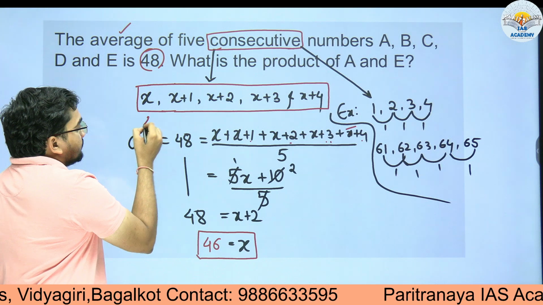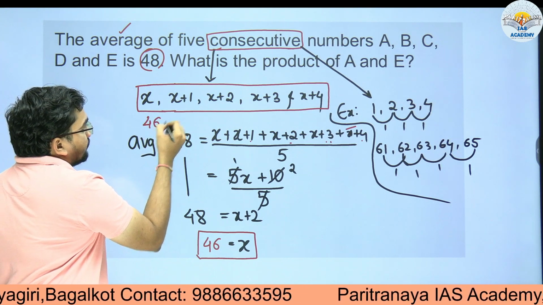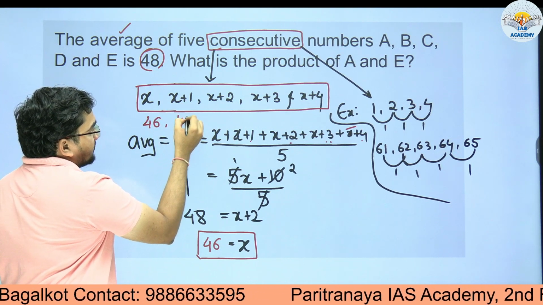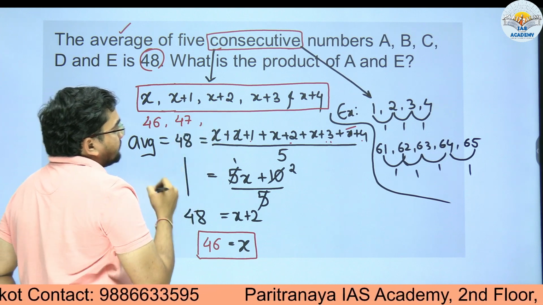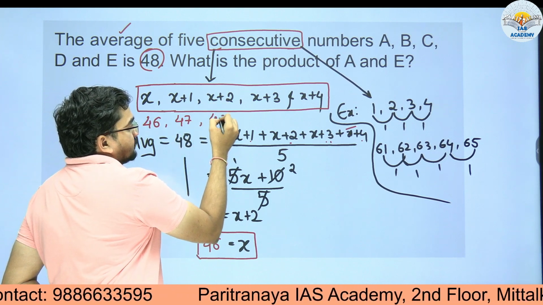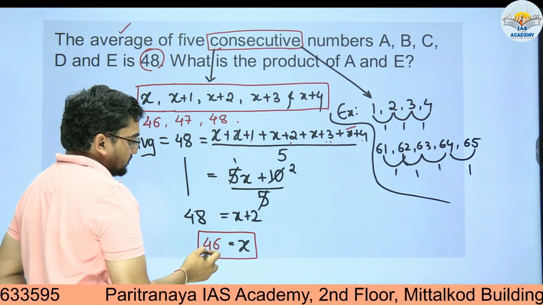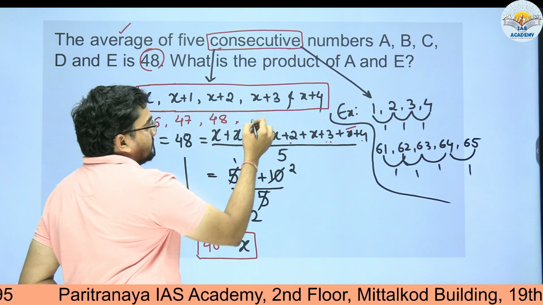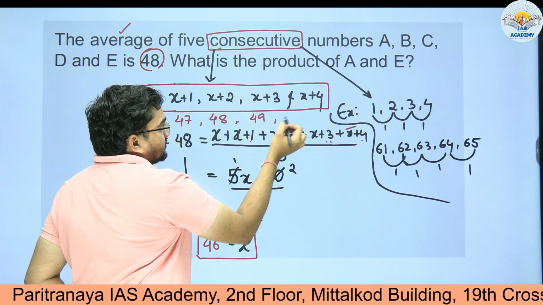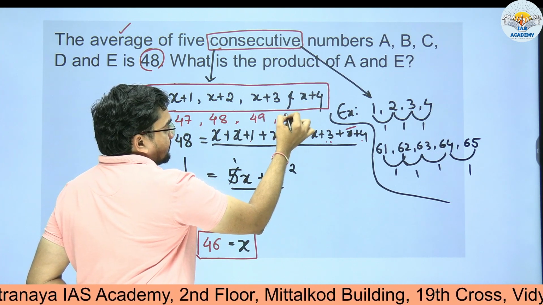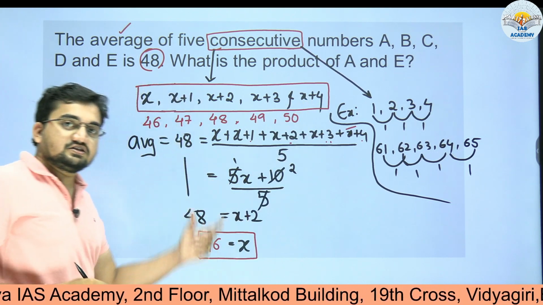Our series will be 46, 46 plus 1 is 47, 46 plus 2 is 48, so here x is 46 only, 46 plus 3 is 49, 46 plus 4 is 50. Fine. This is the series.